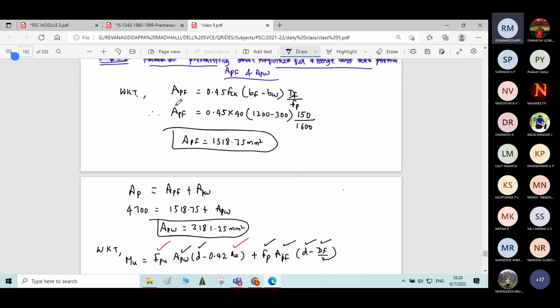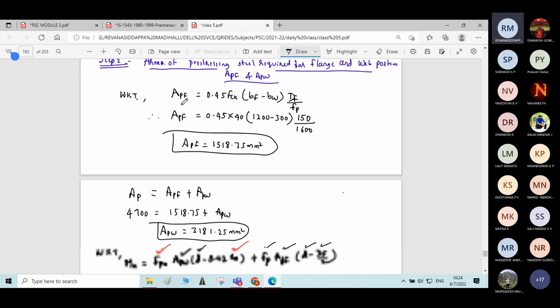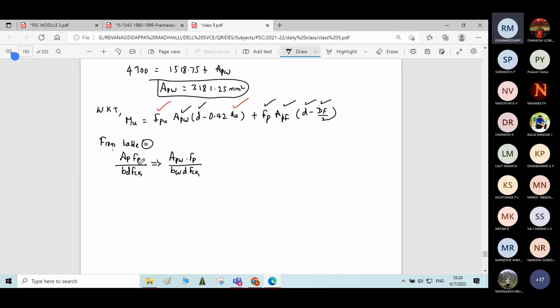In the first case, we substitute the full area of steel, AP only, with only one change, that is width. In the second case, you have to change AP as APW and B as BW. Remember, students, this step is important.